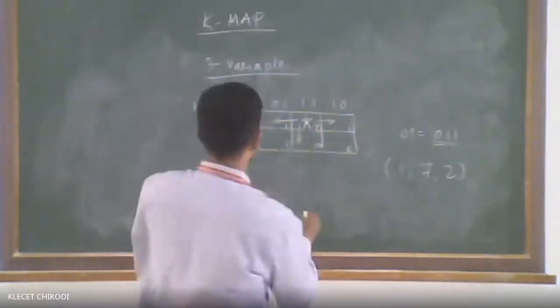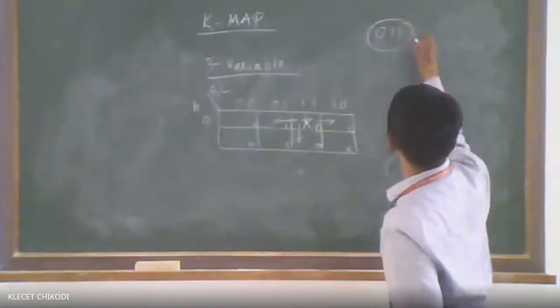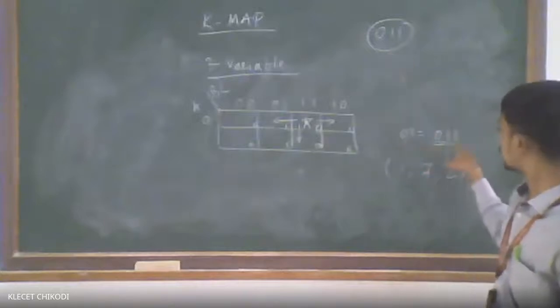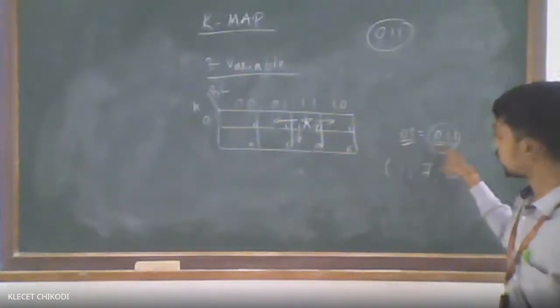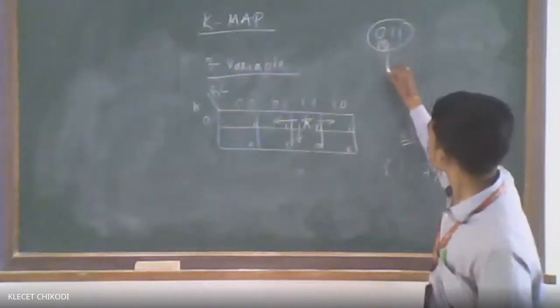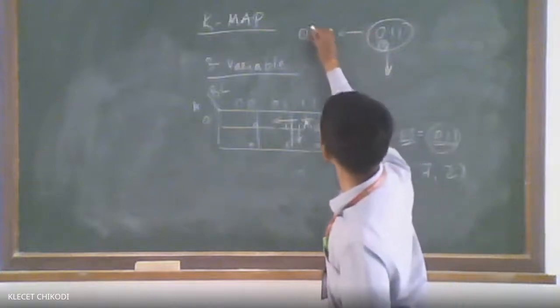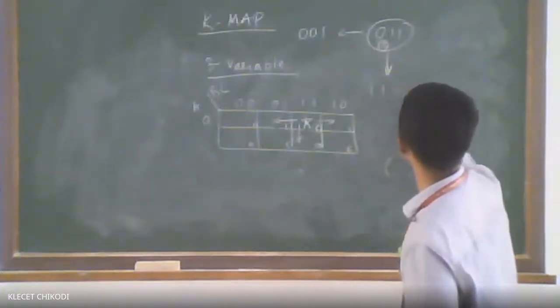I will write here once again. For the third cell I have named 0, 1, 1 here. So this is the third cell. And what is the first cell here? It is 0, 0, 1. The 7th cell is 1, 1, 1.